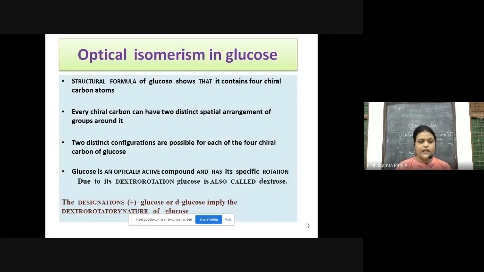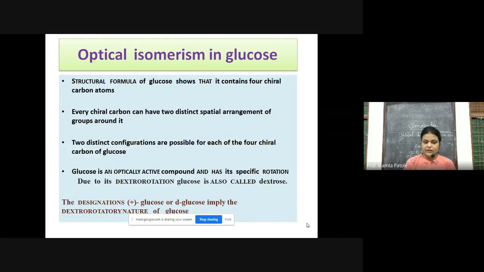The structural formula of glucose shows that it contains four chiral carbon atoms. What is a chiral carbon? You have already learned this. A carbon which is attached to four different groups is known as a chiral carbon atom. And when we consider glucose, you have four chiral carbons in it.